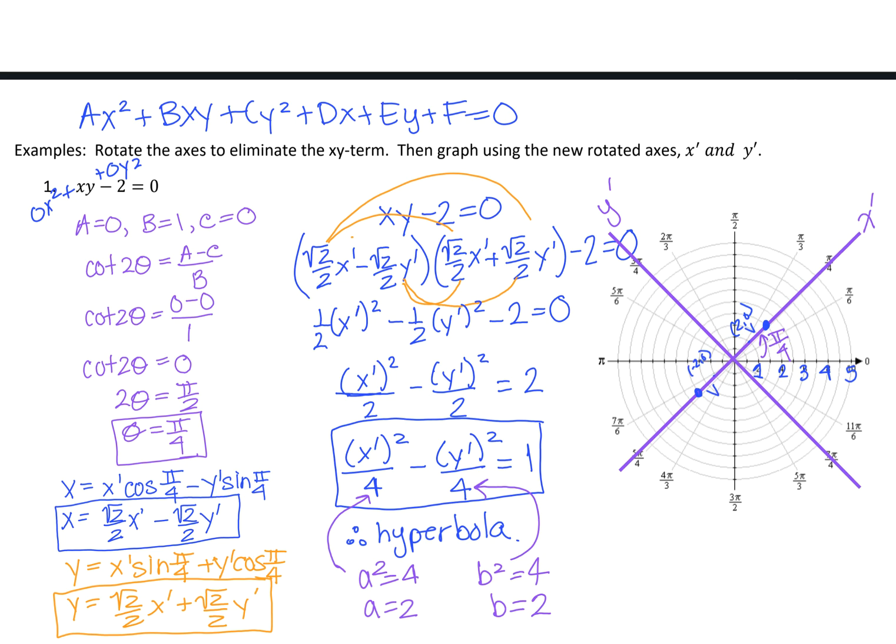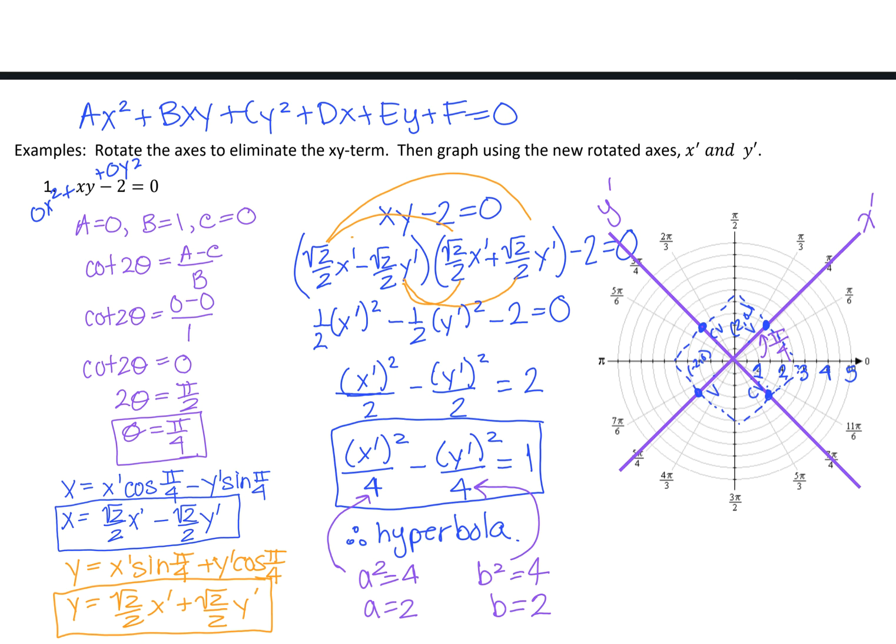And then I can get my conjugate axis. My b value is also 2. So it's going to go here for my co-vertex. And then 1, 2 here for my co-vertex. So there's my box. And then from my vertices, I'm going to use my vertices to make my graph.